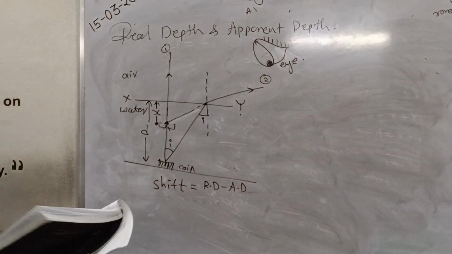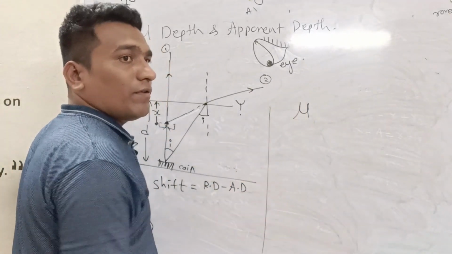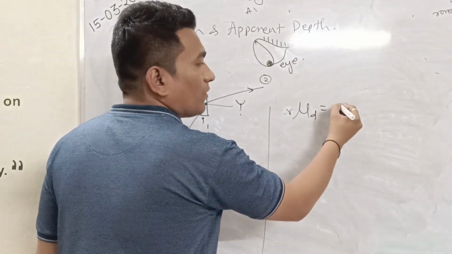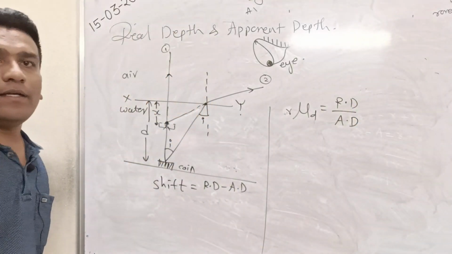I'll directly give you the formula now. The refractive index of denser medium with respect to rarer medium is equal to real depth upon apparent depth, RD upon AD.